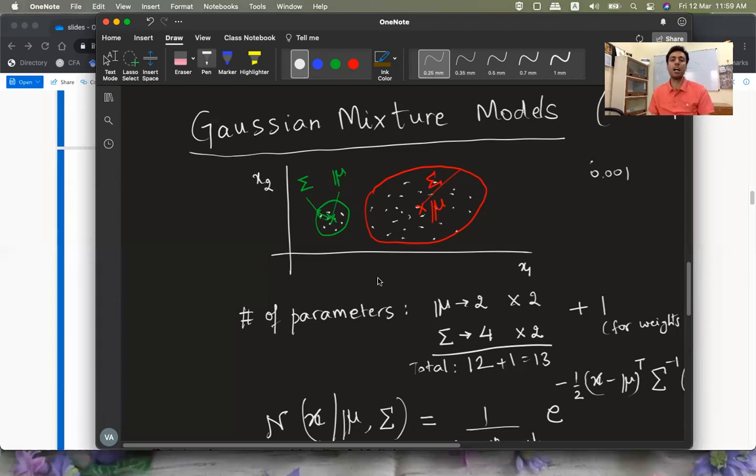Like if you build a Gaussian mixture model for all kinds of sounds, you extract some features, let's say formants or MFCC, just for the sound.